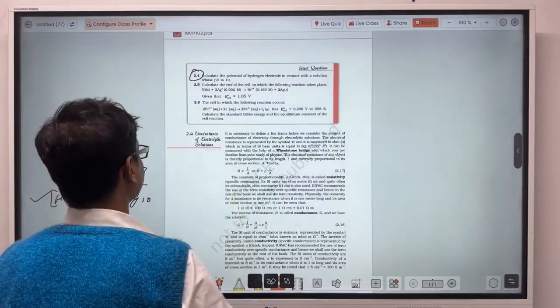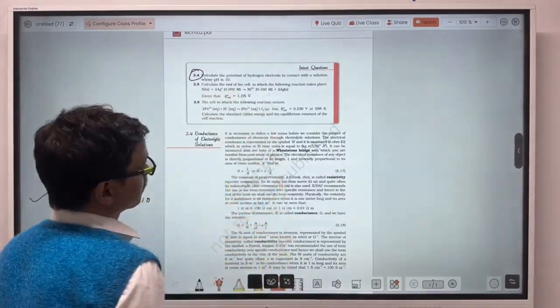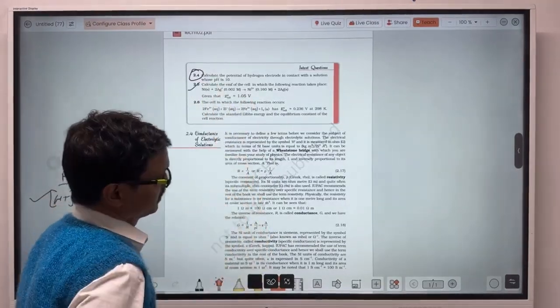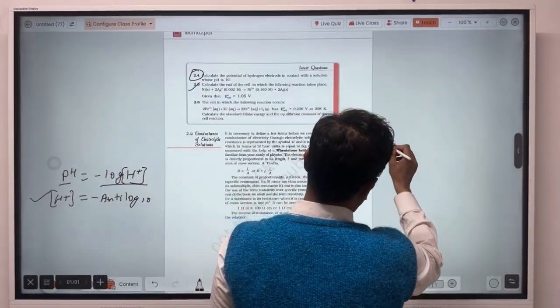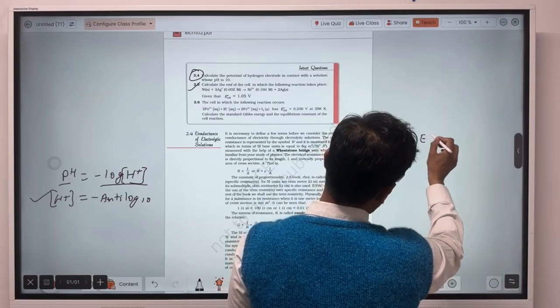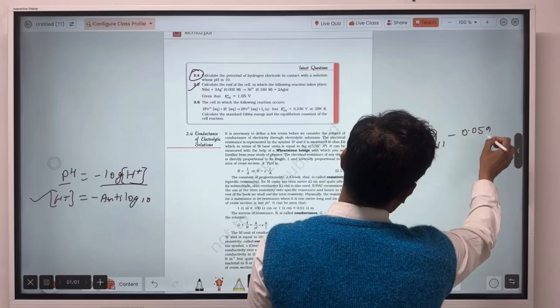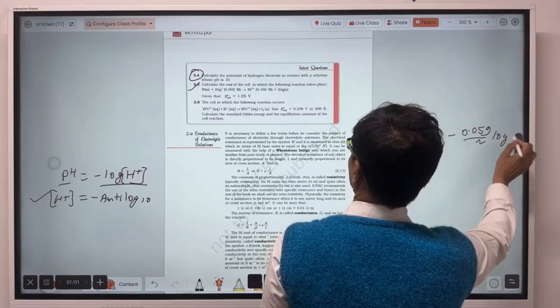Now the second question, 2.5: calculate EMF of the cell in which the following reaction takes place. About the formula you already know that EMF of the cell at any concentration will be equal to standard EMF of the cell minus 0.059 upon n log of the species which gets oxidized.